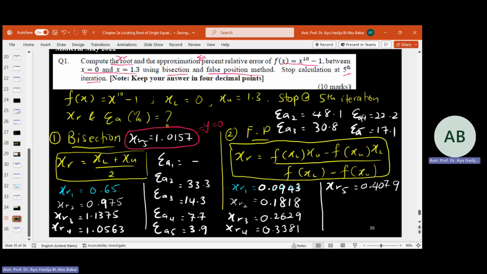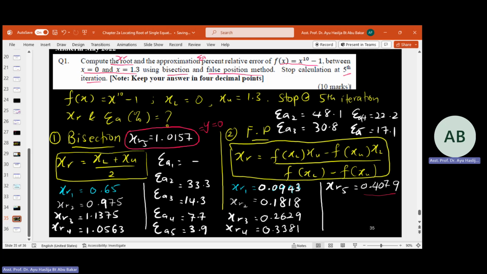0.16 for the fifth XR. How about the FP? Here. Bisection equals 0.6. 0.116. Okay, close to 0.